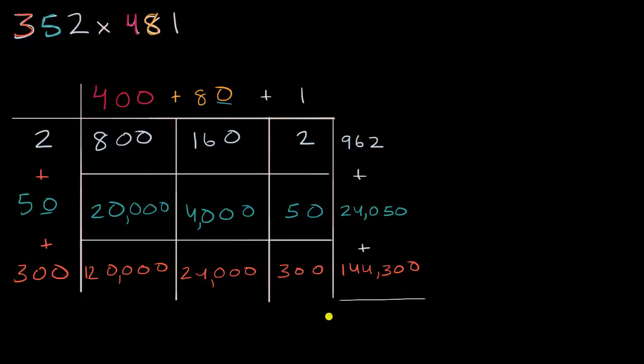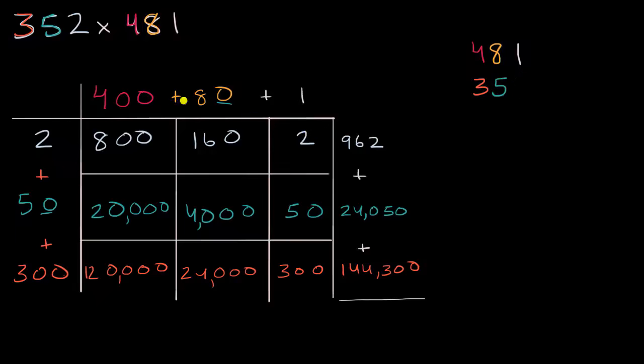And I'm going to hold off doing that for a second as we see the other way of multiplying these numbers. The other way of doing it, this is sometimes called the standard algorithm: 481 times 352.